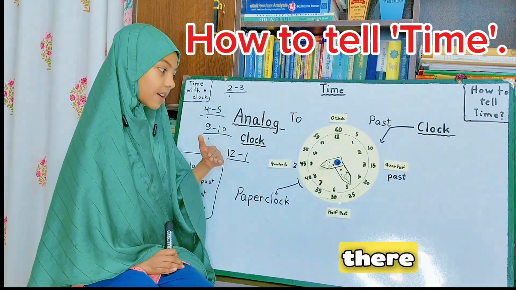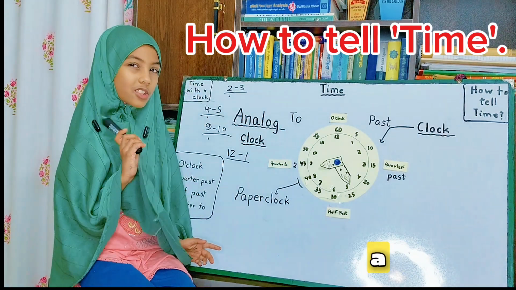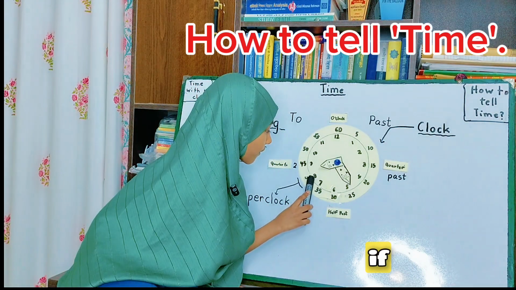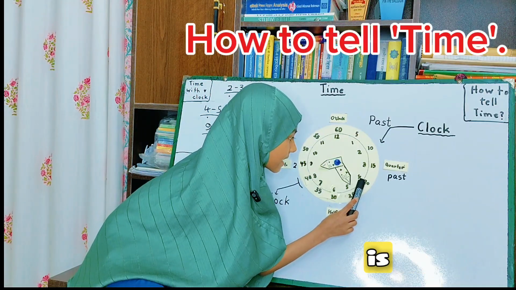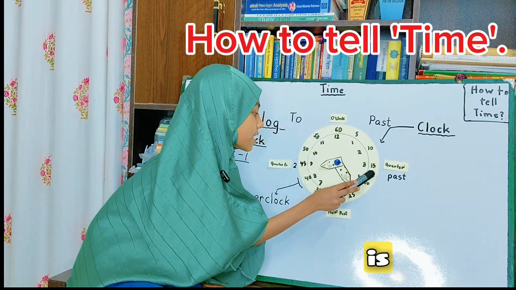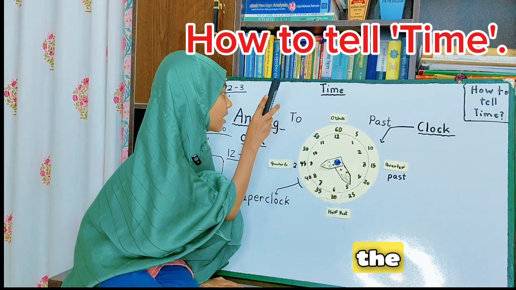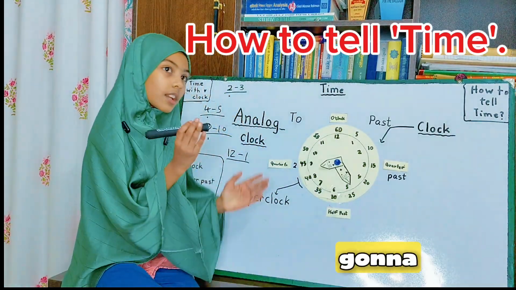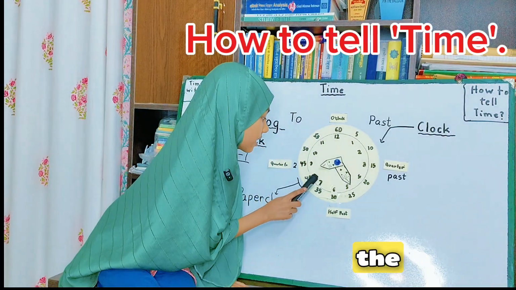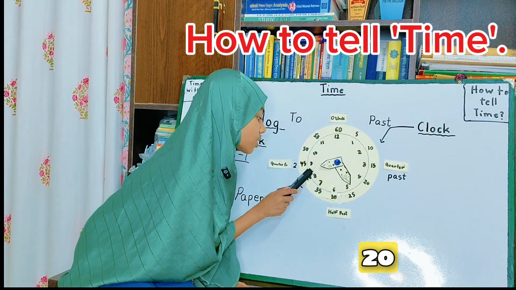So to means there is this time, like, let me teach you a trick. If the straight number from 8 is 4, so 4 is 20. So when we say the word to, at that time we are gonna switch, like the 8 number is 40, but it's gonna be 20.